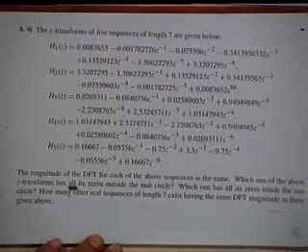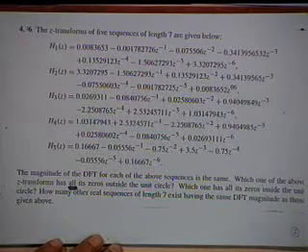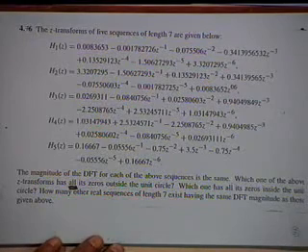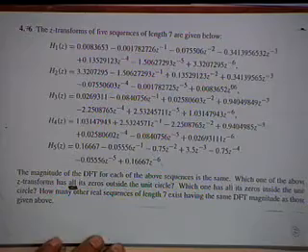DFT magnitude means magnitudes of X of k, and this number has also to be determined by actual calculation. It turns out to be 26 or 27. That is also a guesswork. This question cannot be answered without using MATLAB.